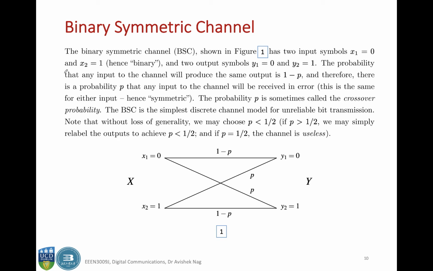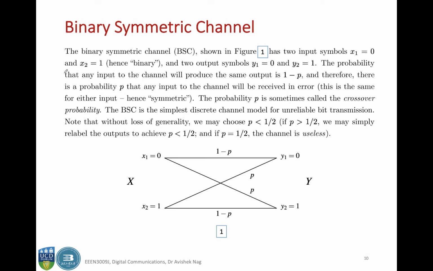So if you are transmitting x1, then with a probability p, it can get flipped to y2. So x1 is 0 and y2 is 1. So if you are transmitting a 0, there is a probability p that after getting transmitted through the channel, it can change to 1.